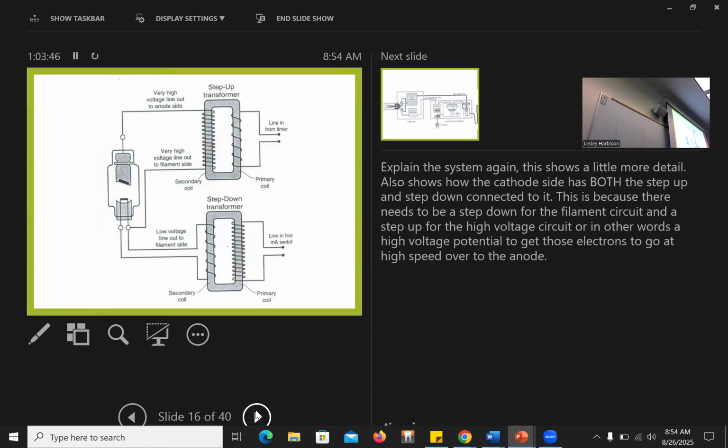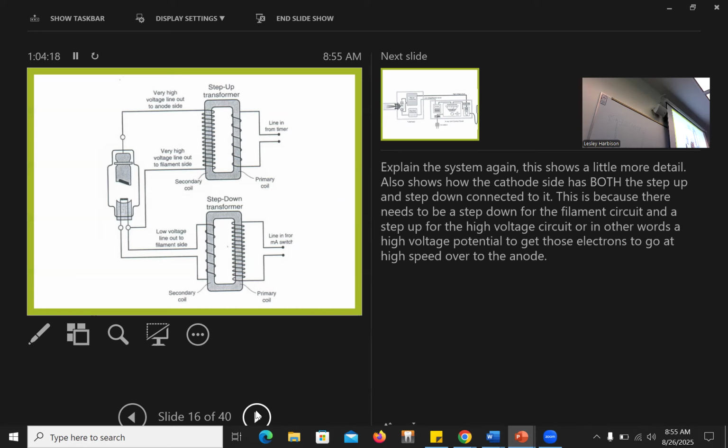But if you look at the step up transformer, there's a line that comes over here to the anode, but then there's also a line that comes down here to the cathode side. And it makes sense because we need the electrons that are on this side, in the thermionic emission cloud, the electron cloud, that are being produced by thermionic emission, we need those to get a high voltage, right? We need them to have power to fly over here.